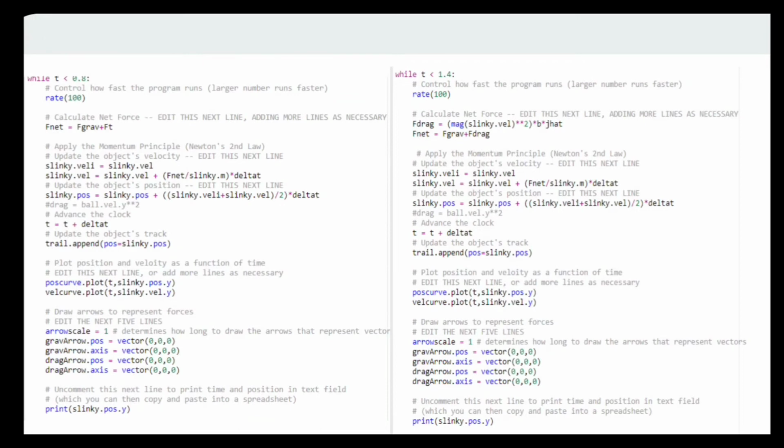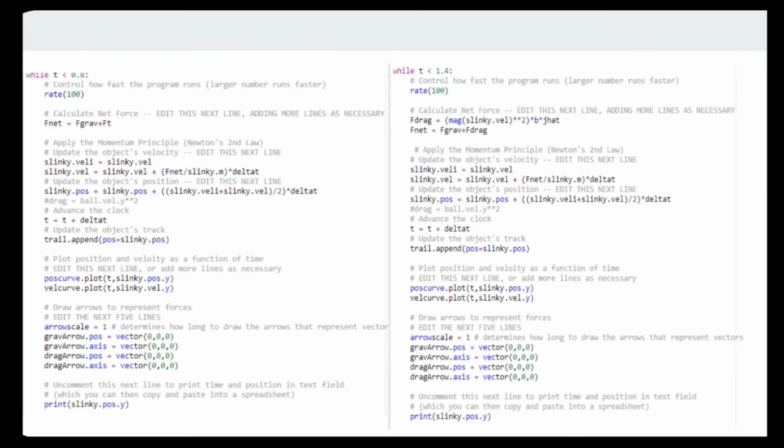So really for these first 0.8 seconds, since F net we have as F grav plus Ft, which are really just opposites of each other, it equals out to 0, so there ends up being no update in velocity or position. Second loop, our net force changes to force of gravity plus force of drag, which we get by multiplying the constant b by velocity squared, and then in the positive j hat direction.